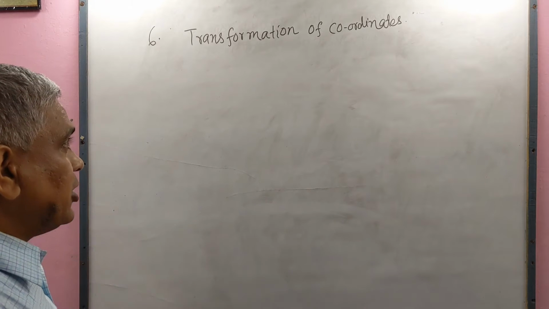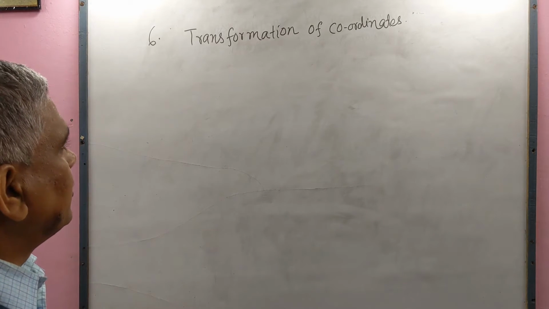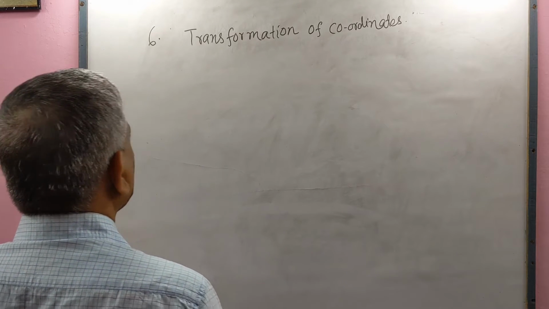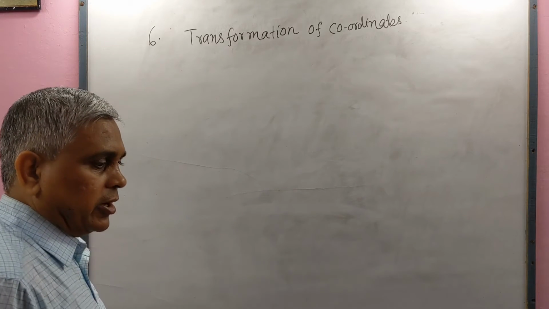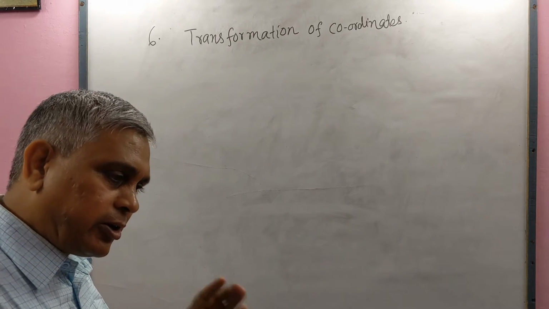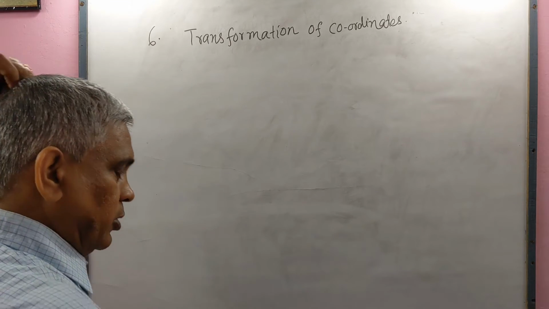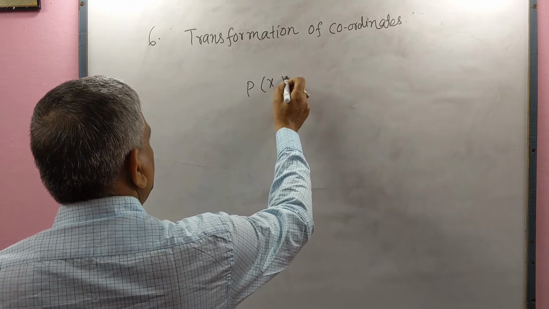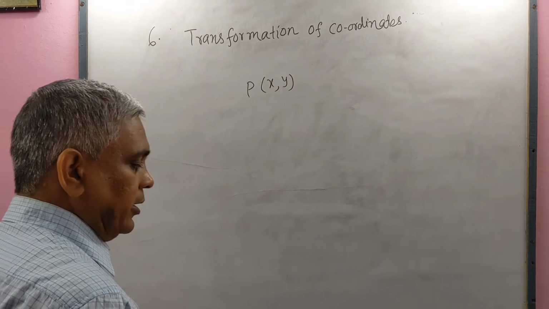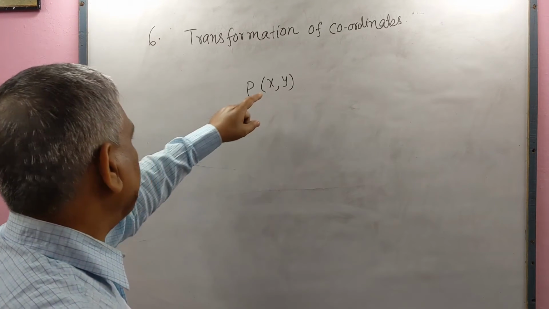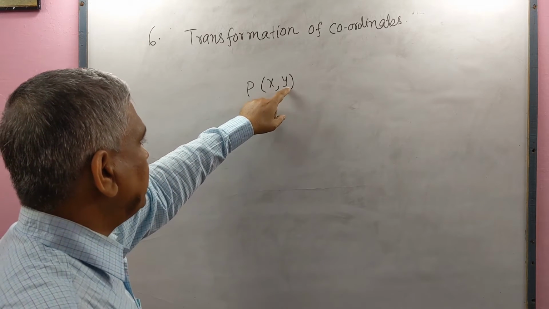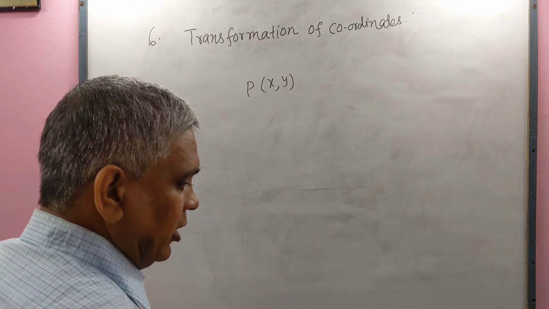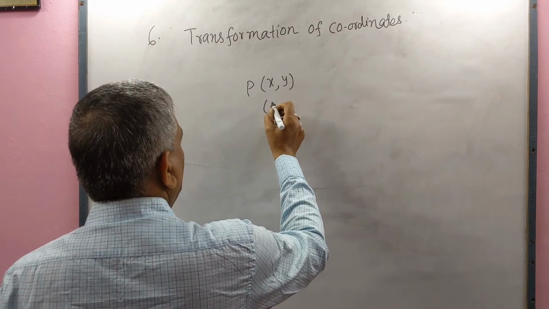Our next concept is transformation of coordinates. For example, we get transformation from Cartesian to polar and polar to Cartesian as follows. Any point P is denoted by the ordered pair (x, y) in the Cartesian system of coordinates. Here x is the x coordinate of the point P and y is the y coordinate of the point P. The same point in the polar system is represented by (r, theta).